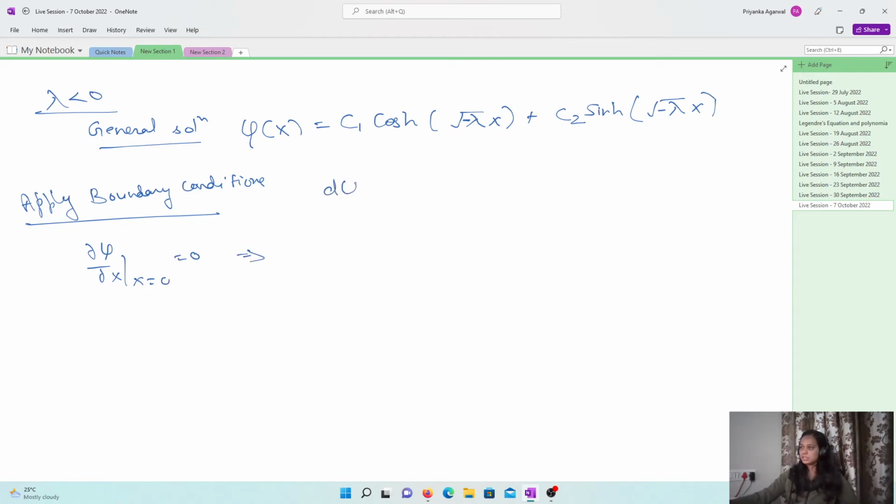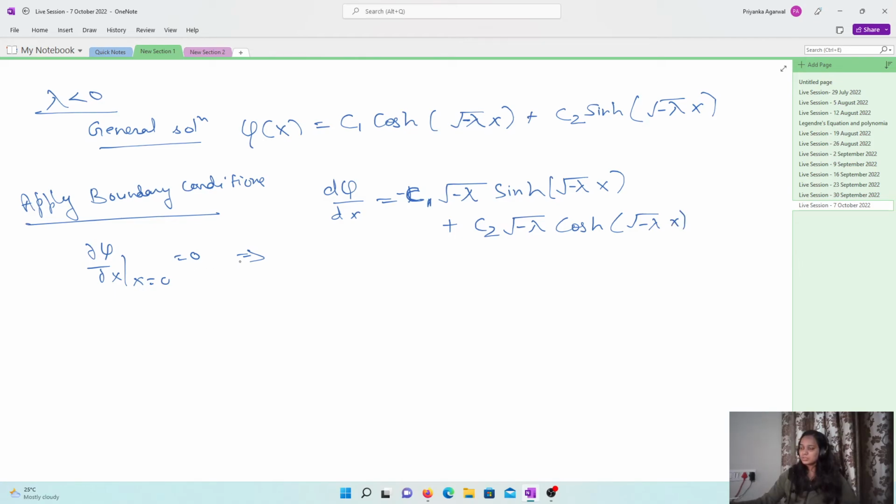So let's write d psi over dx in this case: C1 root of minus lambda sinh of root minus lambda x plus C2 root minus lambda cosh of root of minus lambda x.